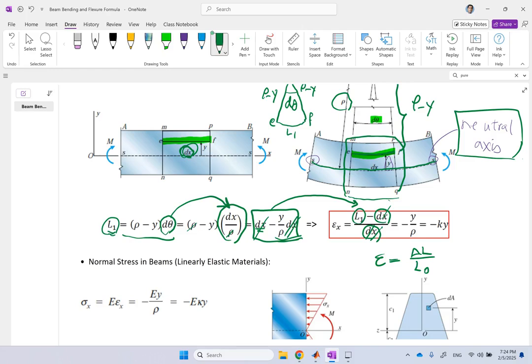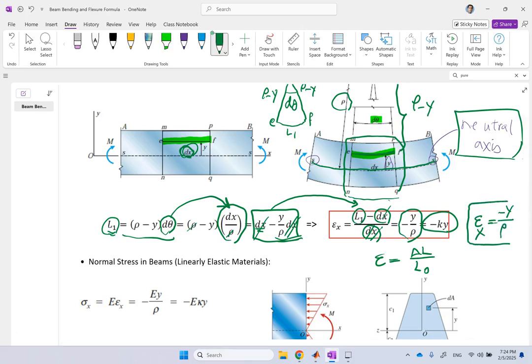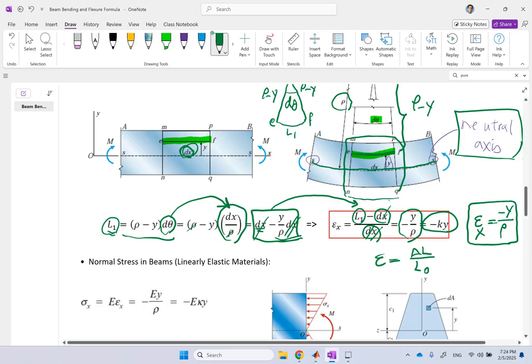And clearly you get negative y over rho. And 1 over rho is k, so you can also write it as negative k times y. So here we go. We found a formula for the normal strain. Normal strain is negative y over what? Over rho. This is the strain at location y above the neutral axis.